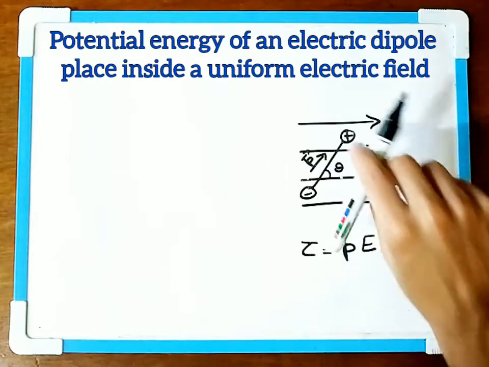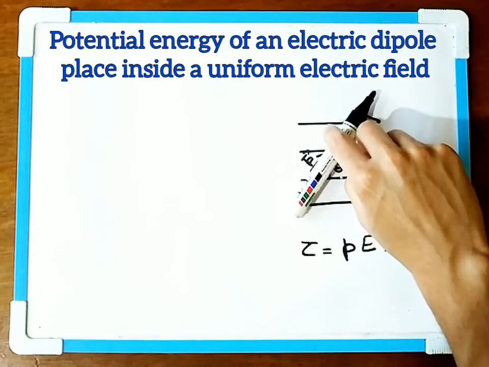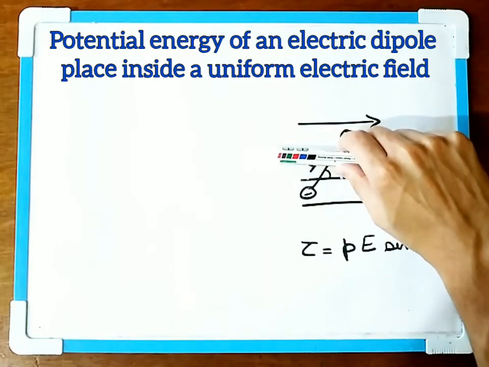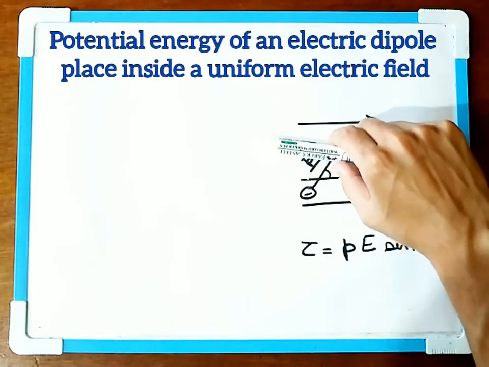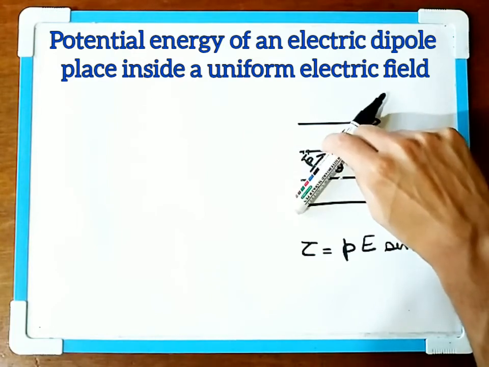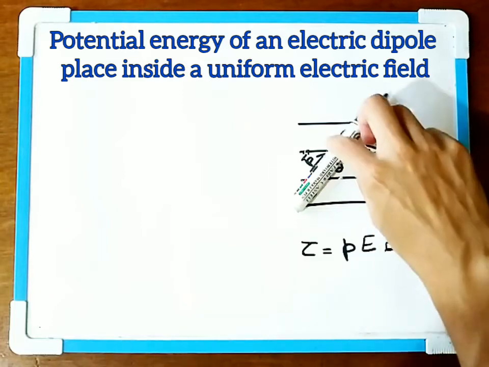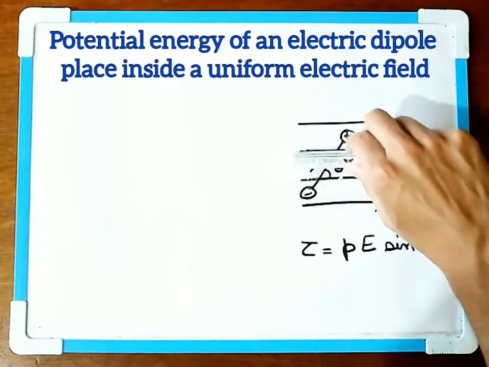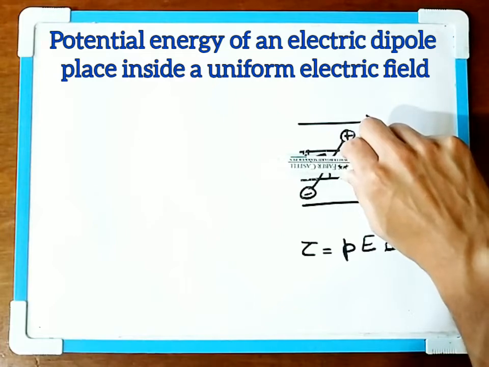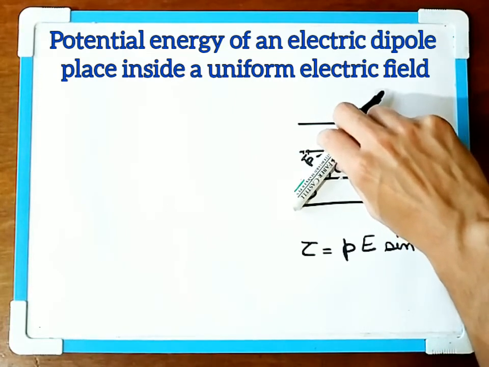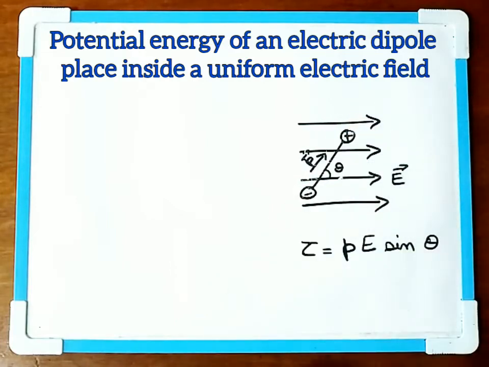If we want the dipole to be in this position, then we'll have to do some work. The torque will twist the dipole, so we will have to do work against that torque. Since work is done against the torque, potential energy is stored in the dipole.